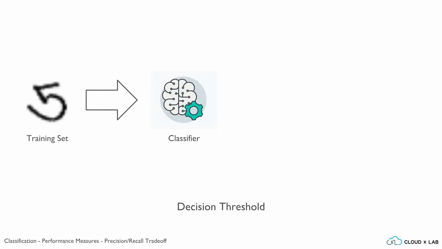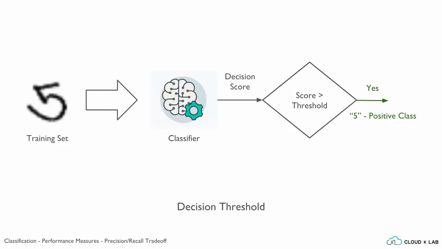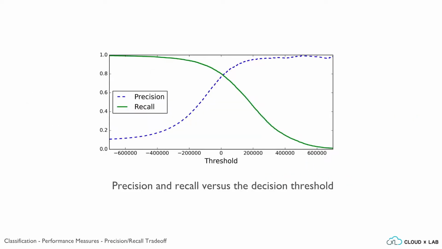For each instance in the dataset, the classifier computes a decision score. Decision score is decided by the classification algorithm. If the decision score is greater than a threshold, the classifier assigns that instance to the positive class, else to the negative class. Here again, the threshold is decided by the classification algorithm.